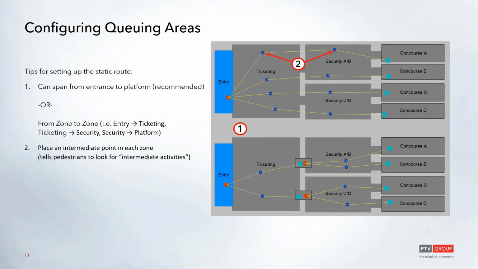The alternative is that you could just have a static route that spans each of the zones. It just depends on how you want to model it and what kind of data you have. Typically, this upper option is preferred just because you have to code in fewer objects and do less repeating of information.